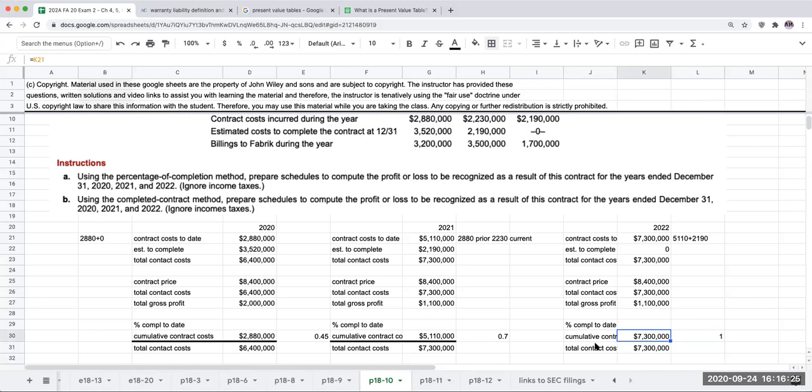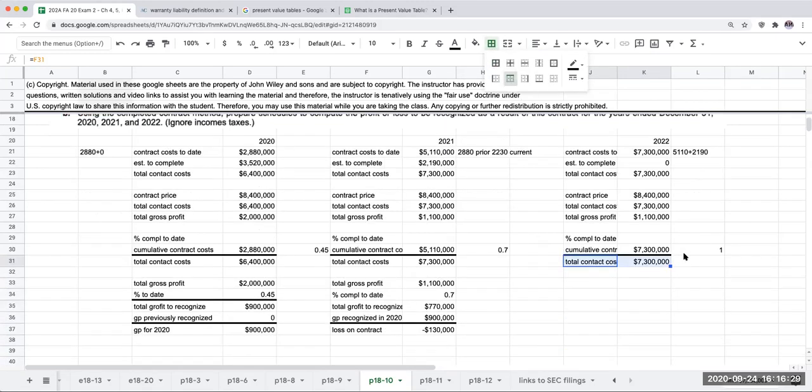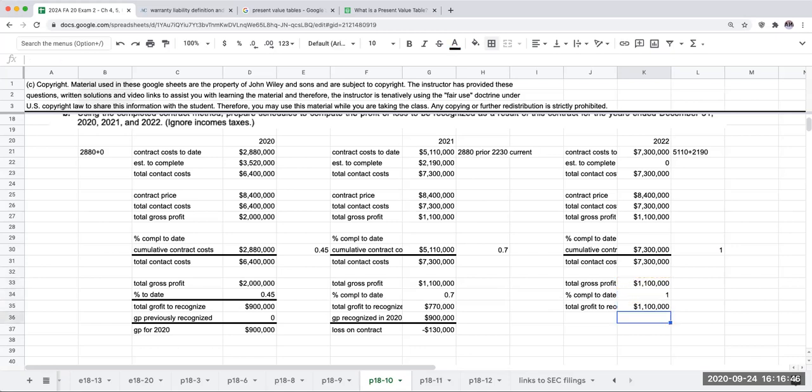So the total amount that I need to recognize is going to be that 1.1 million. So my total gross profit of 1.1 million, basically my percent complete to date is at 100%. So my total gross profit that I'm going to be recognizing on this contract is going to be 1.1 million.